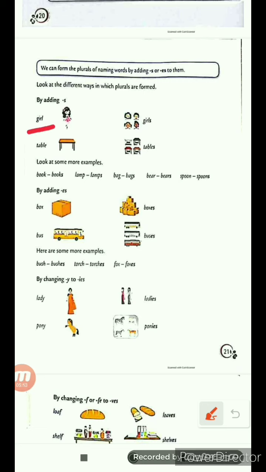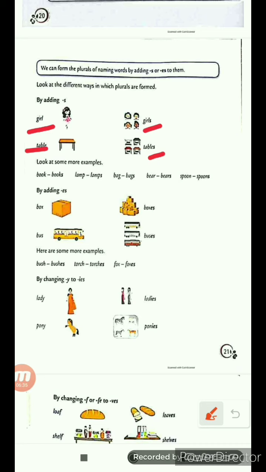When there is more than one girl, it is girls. We are adding s, that makes girls. We are making it plural. Next, see table. Here is one table, and on the right hand side you can see more than one table. That is plural. We are adding s to the naming word table and making it plural.